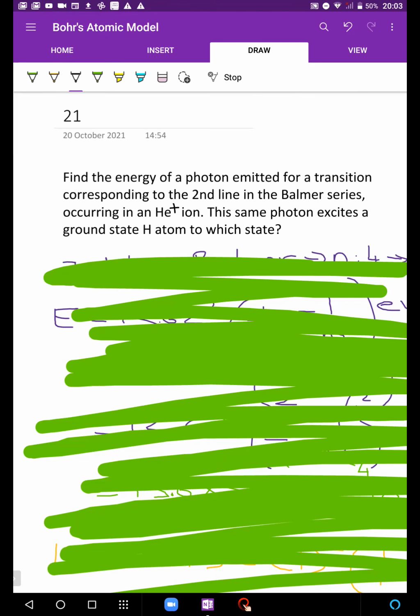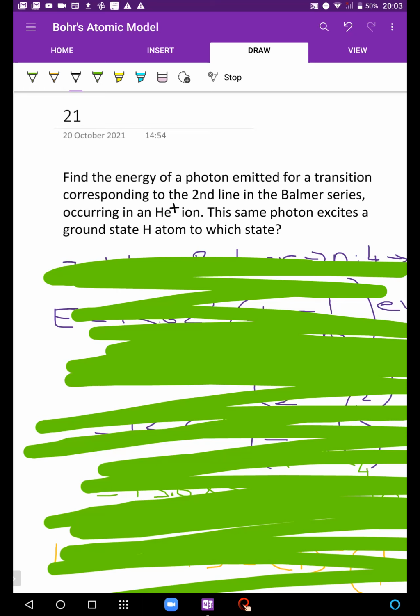I think it's easy. Normally questions are like this, Bohr's atomic model. थोड़ा और अगर कर सकते हैं कॉम्प्लिकेट तो ट्राई करेंगे, but typically this is how most of them are.